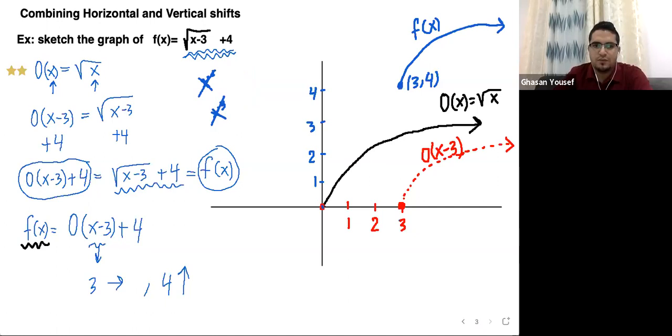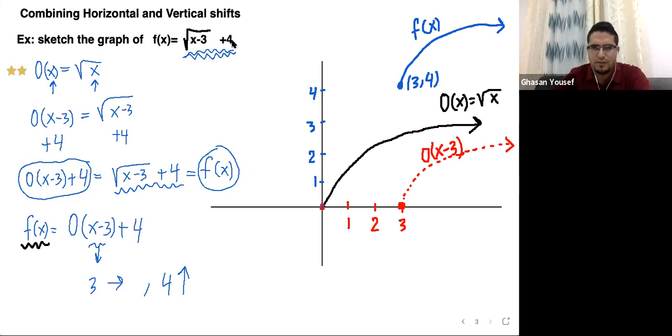So first of all, plug inside the function the value x minus 3. When you plug in x minus 3, you will get g of x minus 3 equals the radical of x minus 3. So it's similar up to this side.